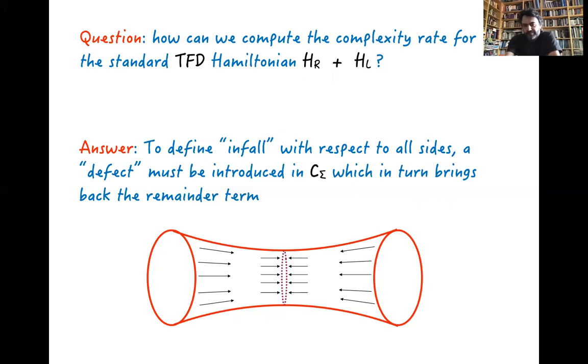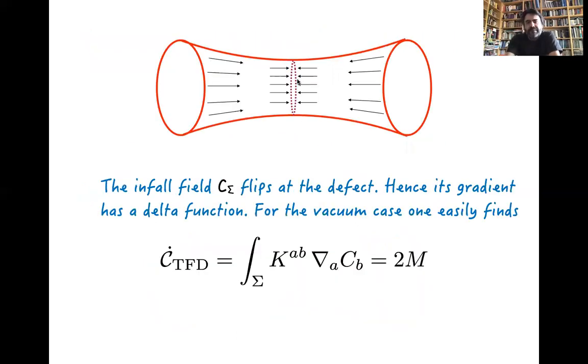So for example, if you just flip it suddenly in the middle, like a Heaviside theta function, then the gradient of C will get a delta function, and then when you compute this, it will be very easy to compute, and you can do it explicitly for the vacuum solution. You can compute this on the delta function support, and you get the standard result. Okay?